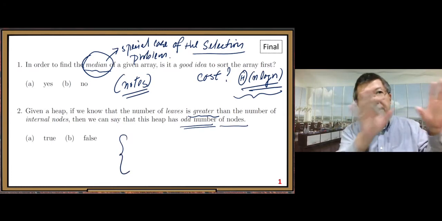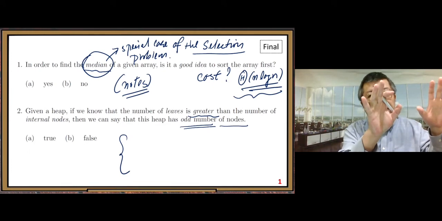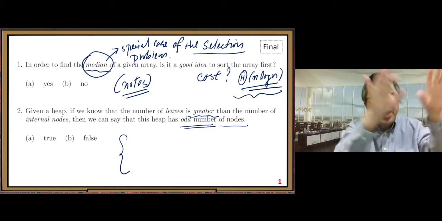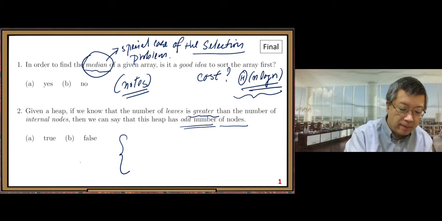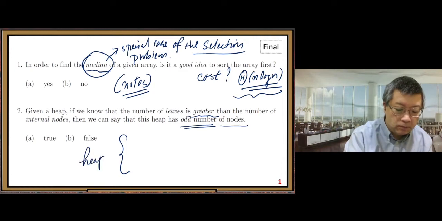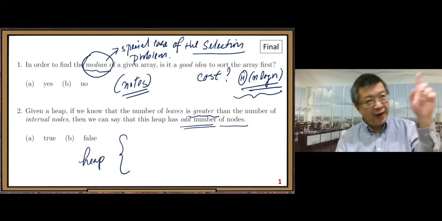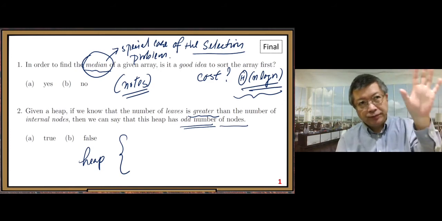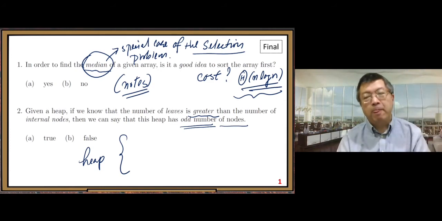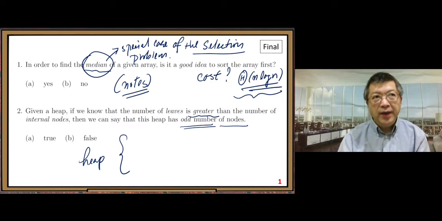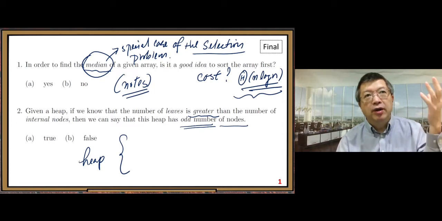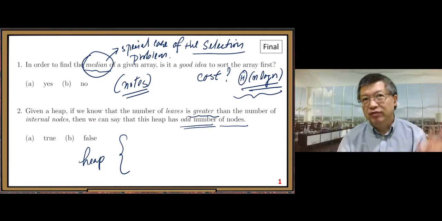If you look at all the possible cases for a heap, there are two cases. One case corresponds to a full binary tree.